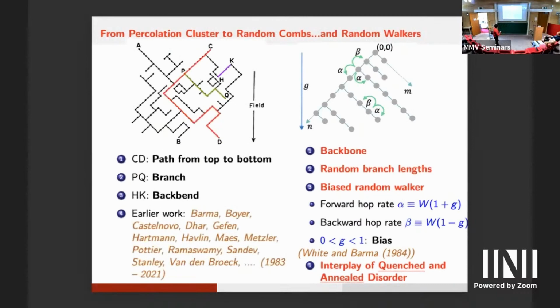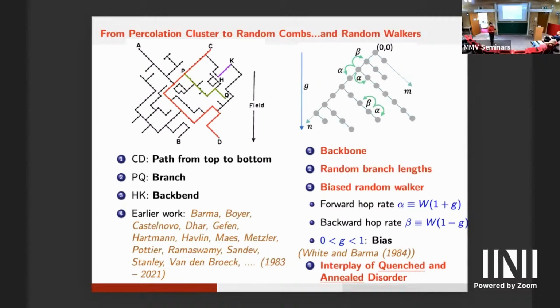Simple as this problem may appear, it doesn't appear simple, I guess, because there are two sources of disorder. This problem has been looked at extensively in the past, from 1983 till 2020. This problem is known as random walkers moving on a random comb.